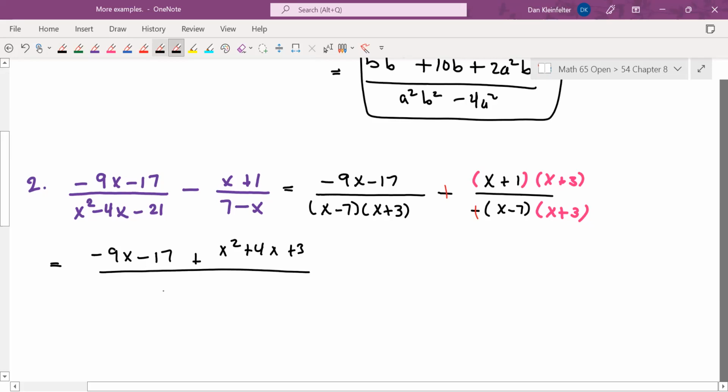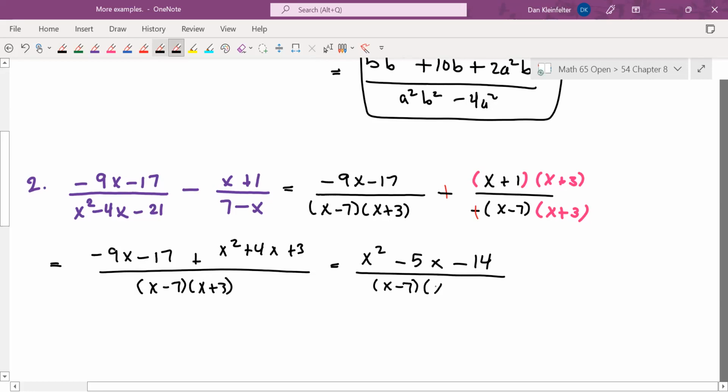And then down below, let me wait on that. x minus 7, x plus 3. Although I don't think we'll get anything good out of it. Maybe. x squared minus 5x minus 14. I mean, we will.